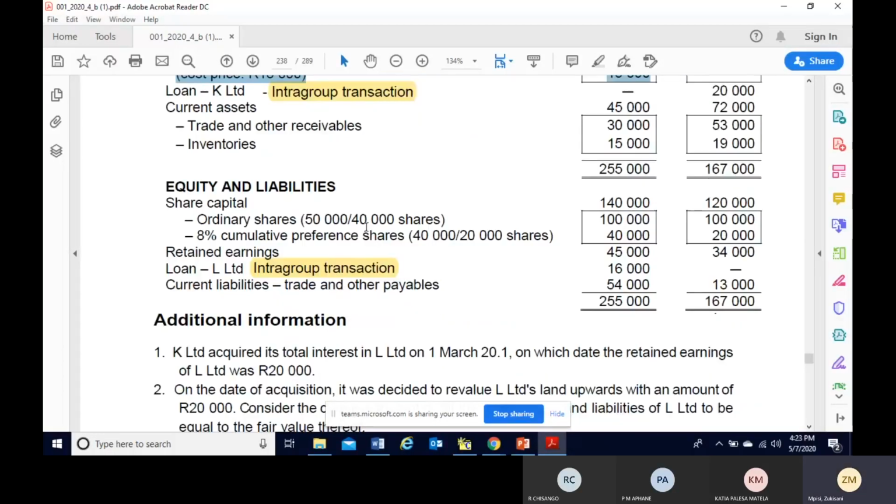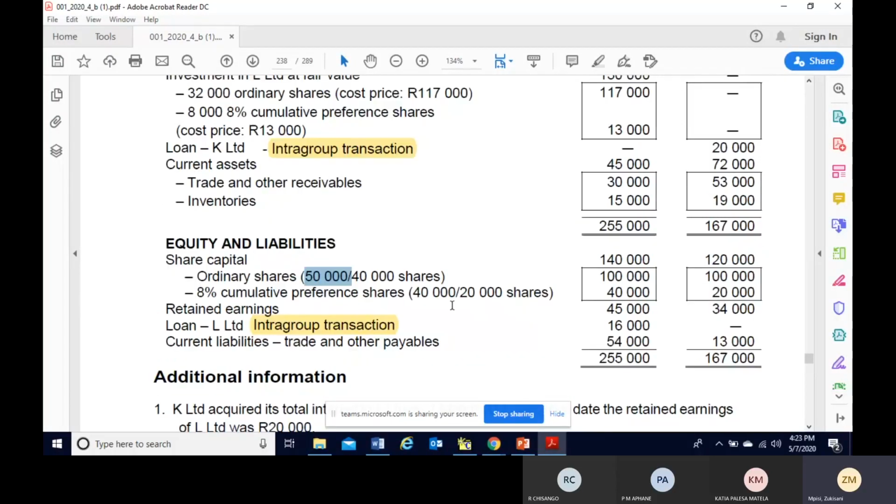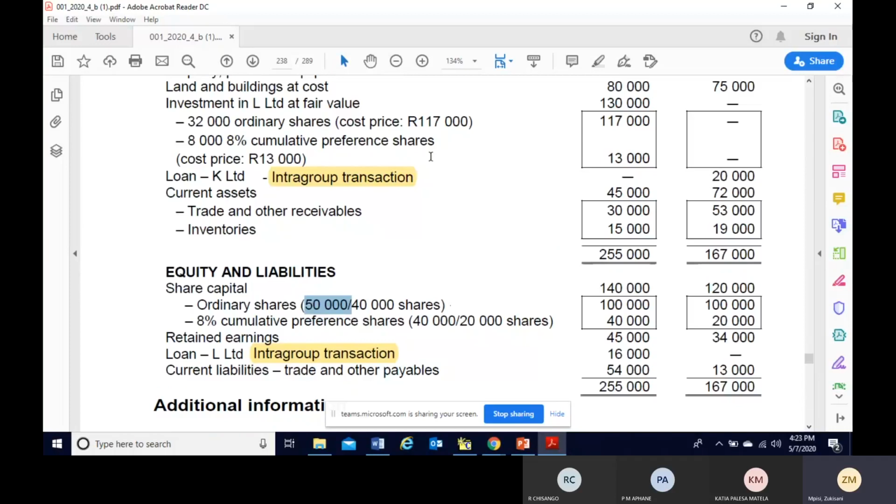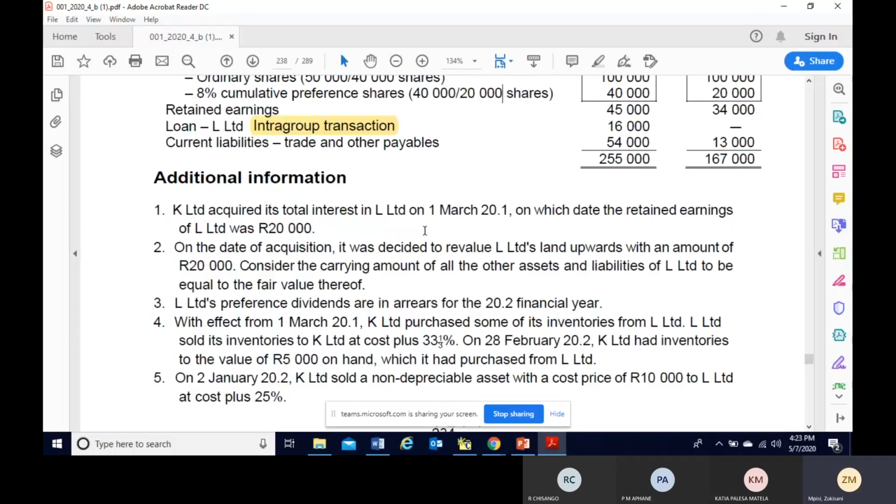We've got share capital, 40,000 is the subsidiary, 50,000 shares is for the parent, same amount, 100,000, 100,000. We've got 8% cumulative preference shares, 20,000, 40,000 and 20,000 shares, 40,000. So if we have got 8,000, we have to say 8,000 divided by 20,000 shares to get the percentage that we are holding.